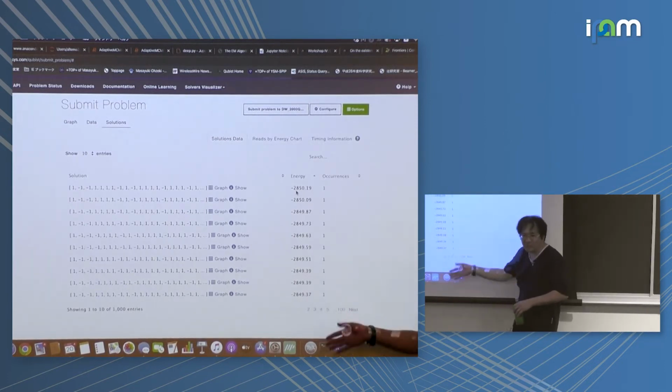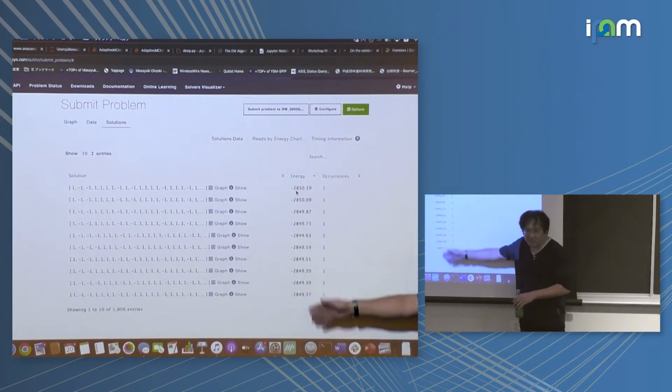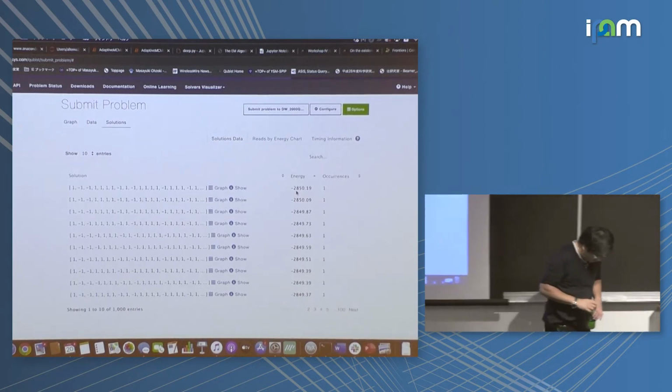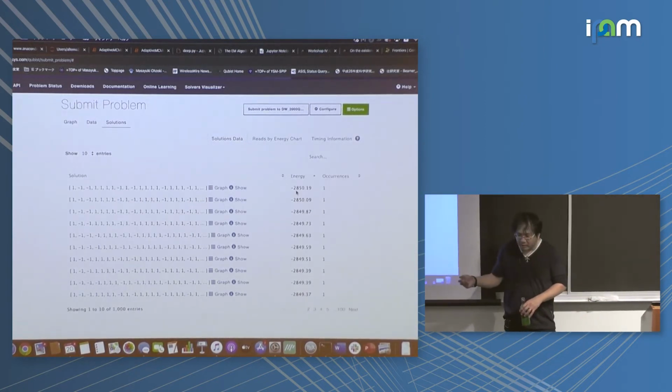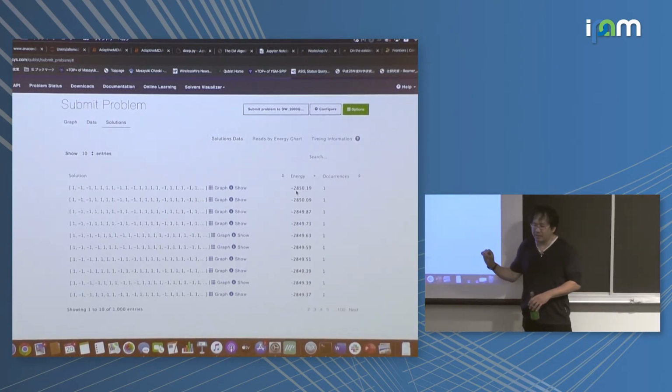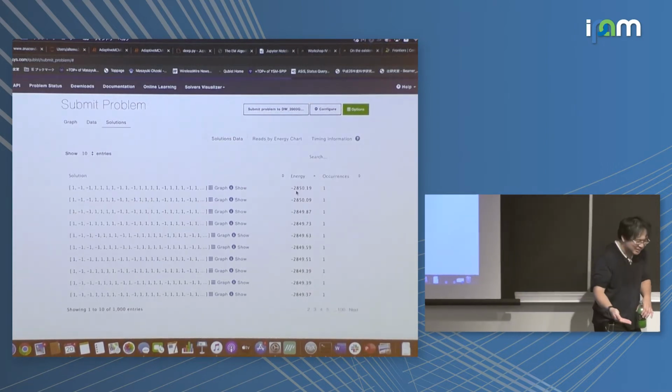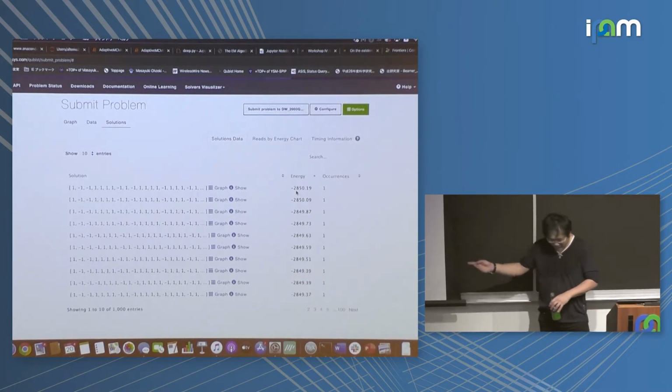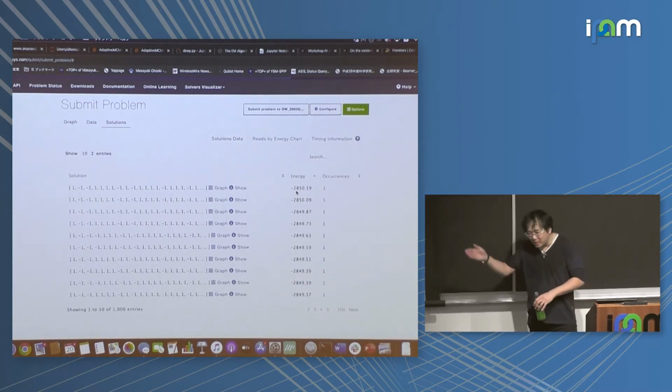Then there is the fluctuation among these samples. So this is due to the environmental effect, in some sense a thermal effect. So the D-Wave 2000Q implements a quantum fluctuation and is naturally attacked by the thermal fluctuation. So in that sense, it is a quantum many-body system at finite temperatures.